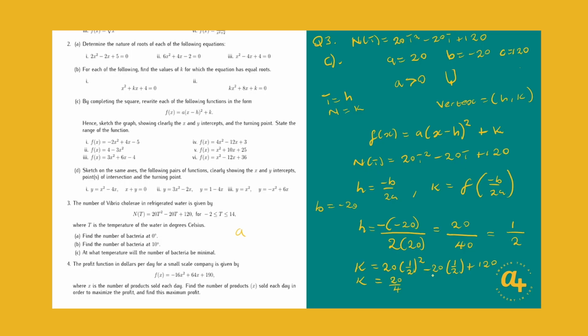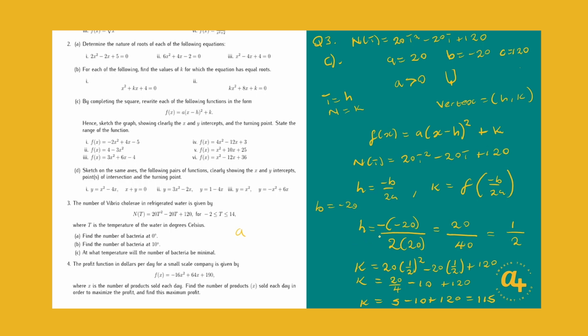Then the next step is to multiply this negative 20 by half, which will give us negative 10 plus 120. When we simplify this further, we're going to have k equals 20 divided by 4, which is 5, minus 10 plus 120. And then our final answer after we add and subtract is going to give us 115. So our k is equal to 115.